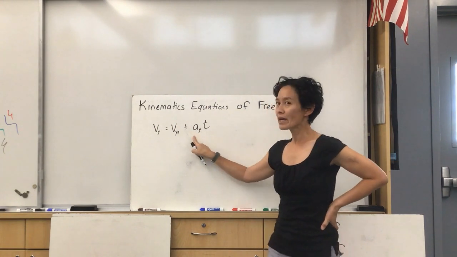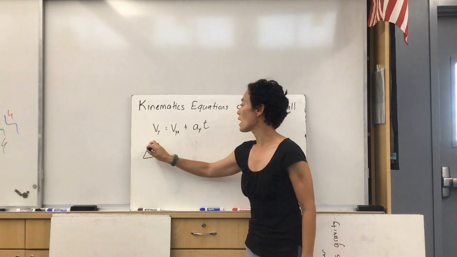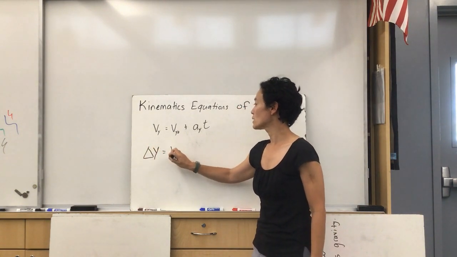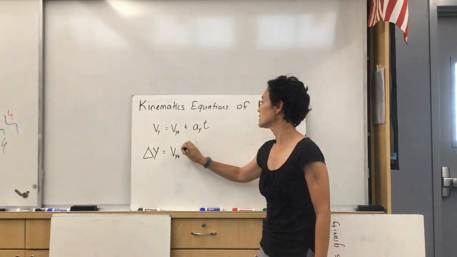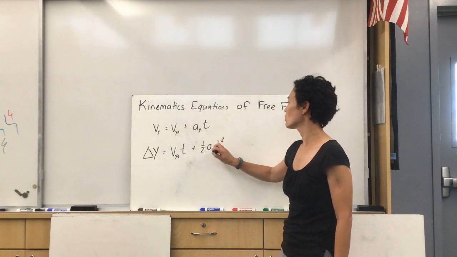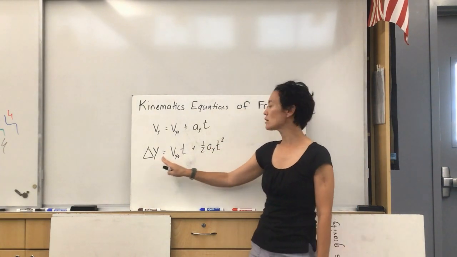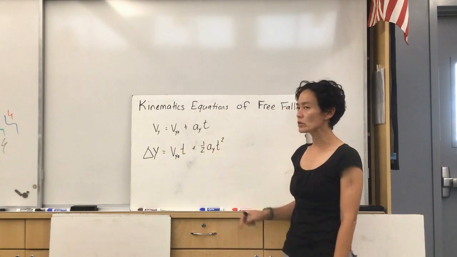Now we always know what that Ay is. It becomes just another thing that we know. Delta y instead of delta x, so delta y equals Vy naught t plus 1/2 Ay t squared. So the only thing I'm really changing is I'm using y's instead of x's, and I'm just being specific and adding some y notation.